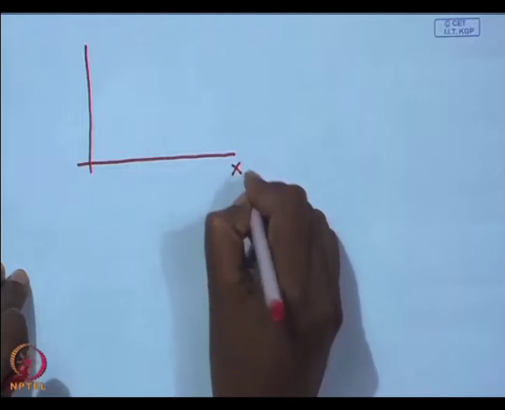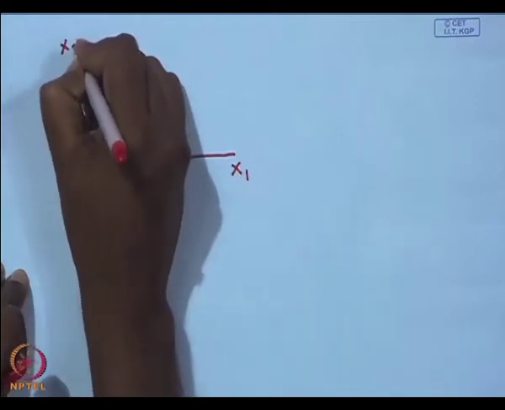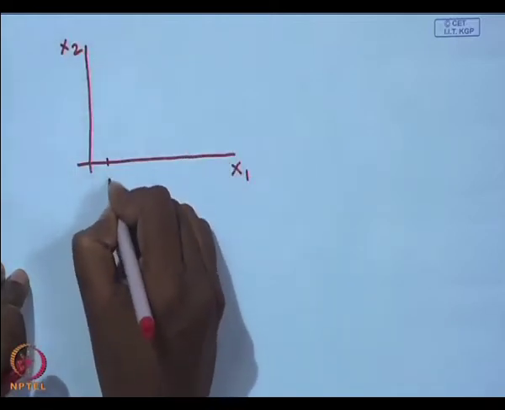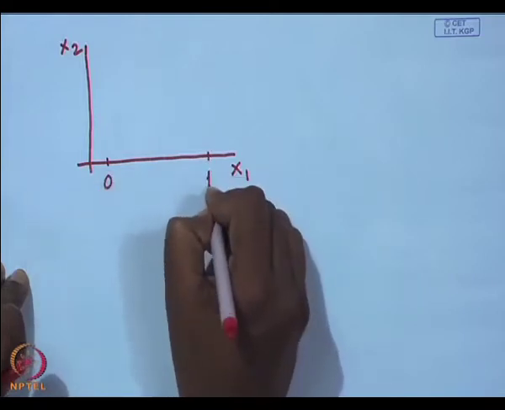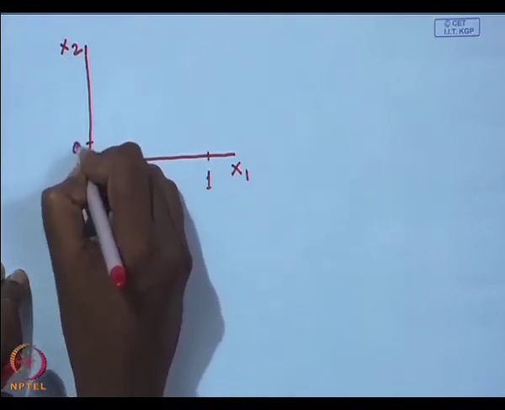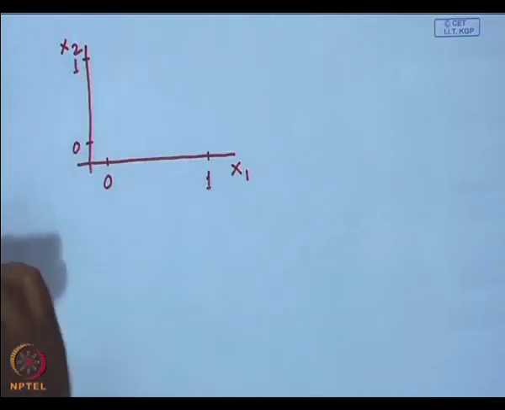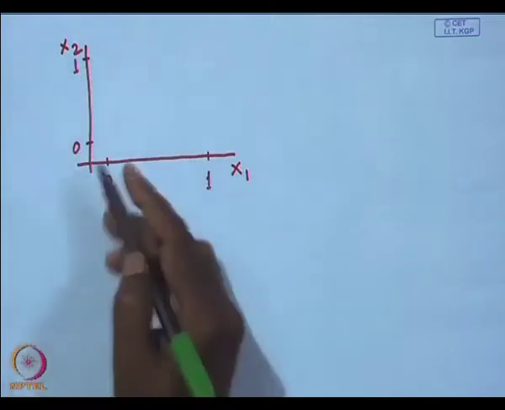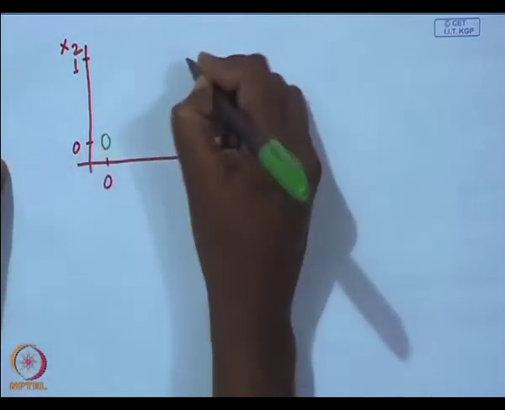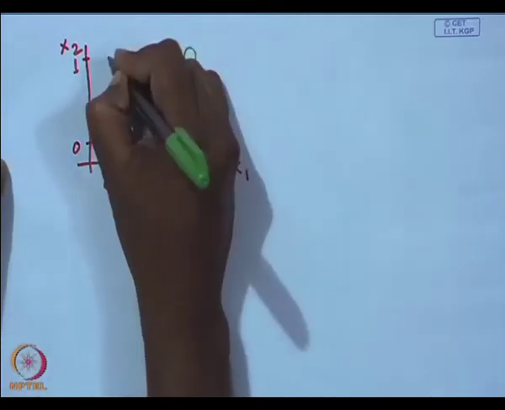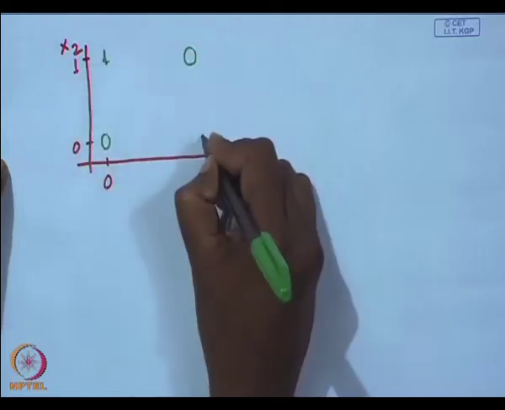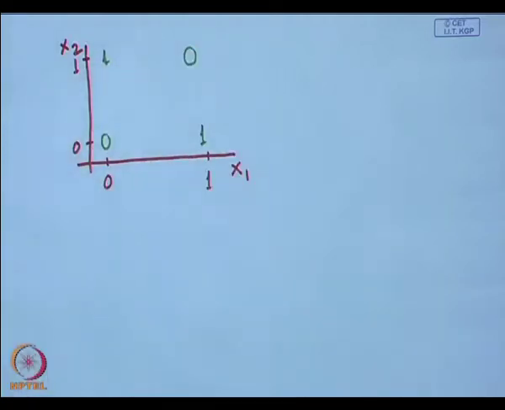So, I have this x 1, x 2, here I have 0, here I have 1, again 0, here it is 1, I have 0 over here. These are the outputs of an XOR function.